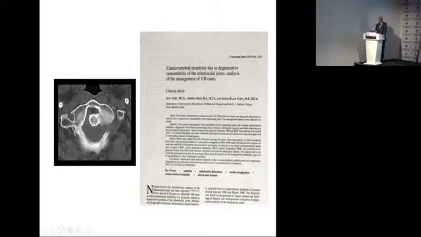So we wrote this article some time ago, for the first time in the literature, that there can be degeneration of the C1-C2 joint. There can be degeneration which leads to osteophyte formation anterior to the odontoid process.